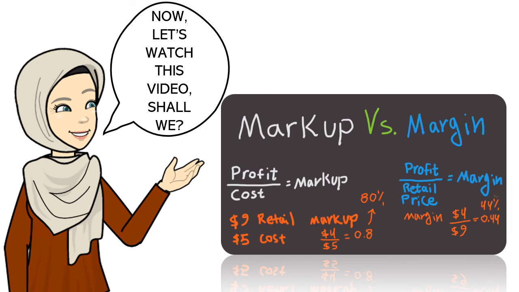So you can see that the margin and markup are totally different numbers, and of course the formula is very different. So you should be very careful when you talk about these two in any business context.